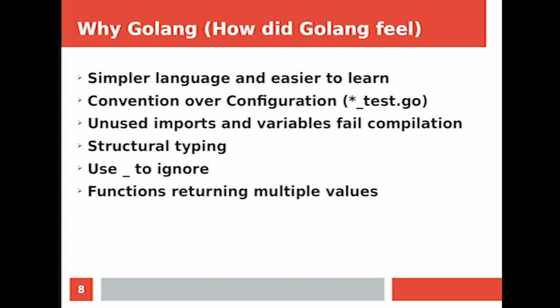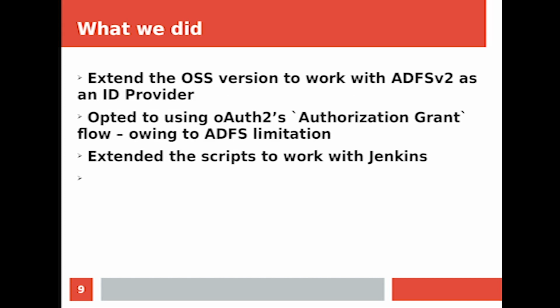You could have a tuple, but the support in Golang was much better, quite easy for a developer to pick up and use. And so these were some of the key features of Golang that we found to be quite useful from a developer standpoint. And so what did we actually do?